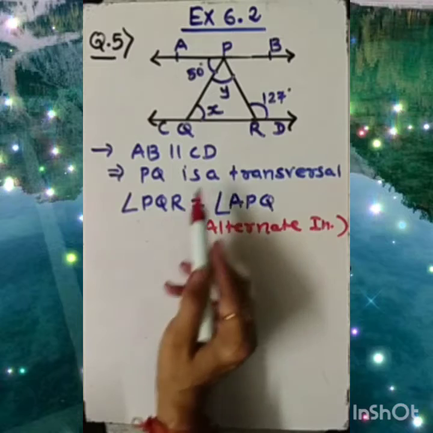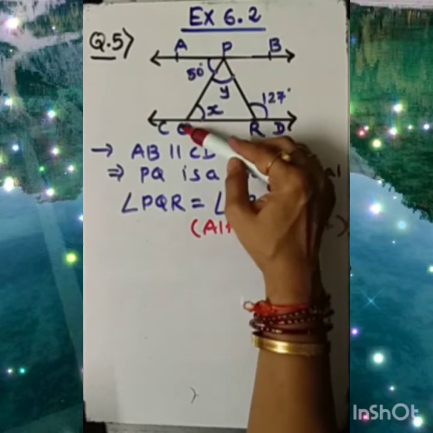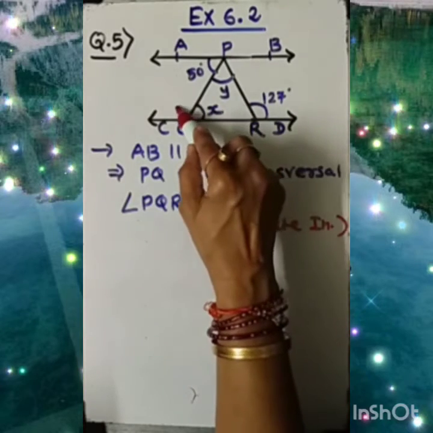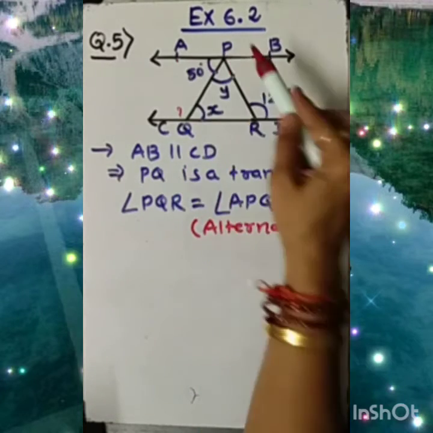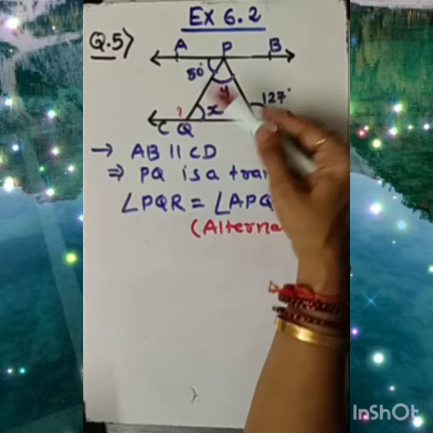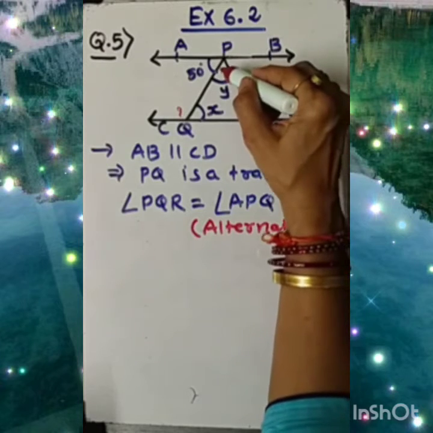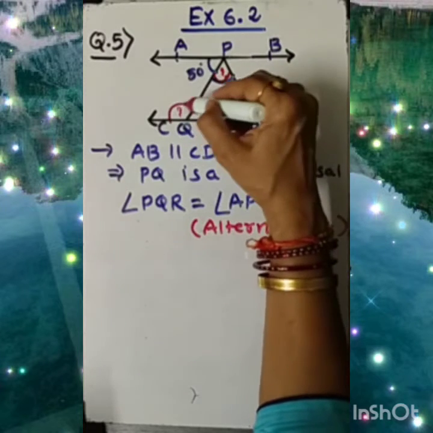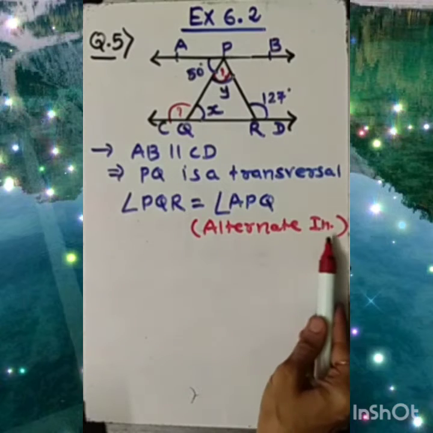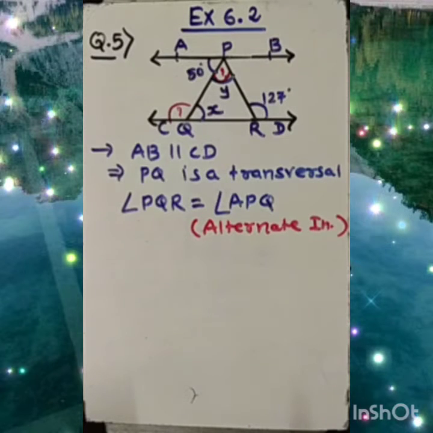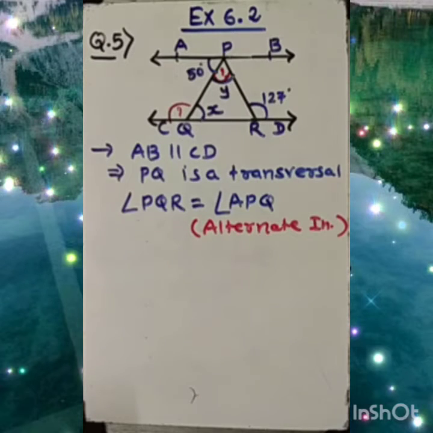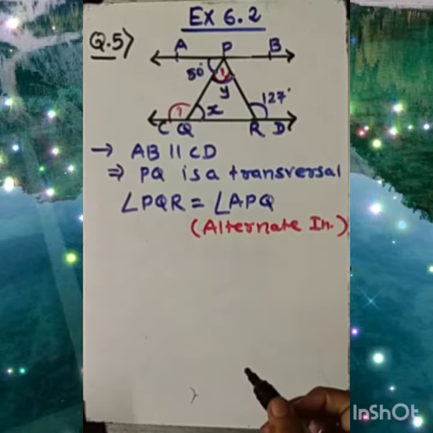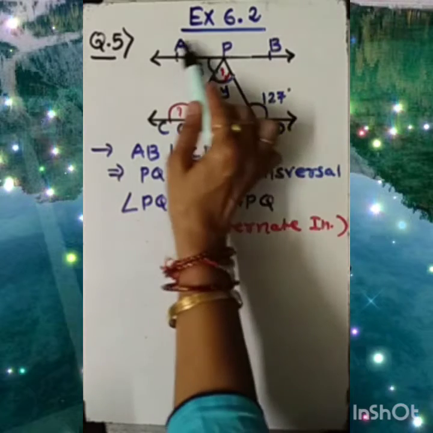Angle PQR, observe, PQR means this angle, and APQ, this angle. This angle and this angle are alternate interior angles. Clear to you?